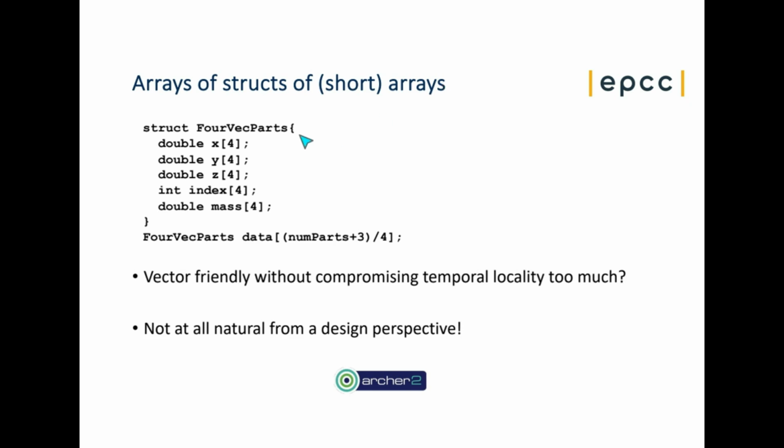So you could say, okay, I'm going to have a structure which represents 4 particles if my vector length is 4. So I have a structure which stores the data for 4 particles in arrays of length 4. Okay, so this is a compromise, because it should be vector friendly, but not screwing your temporal locality too badly.